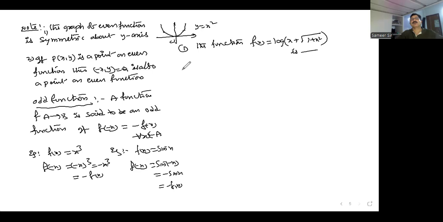Something he has given like this, 4 options. I'm not writing all those options. I'll stick to the basic rule. Whatever he has given, I have taken here: root 1 plus x square.